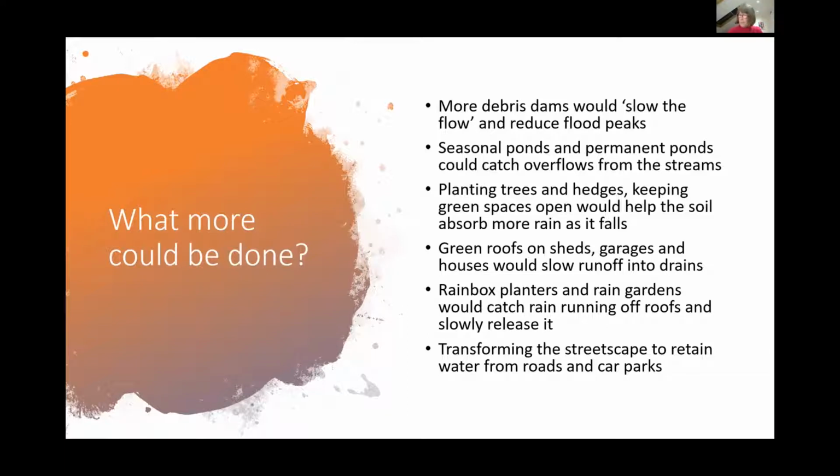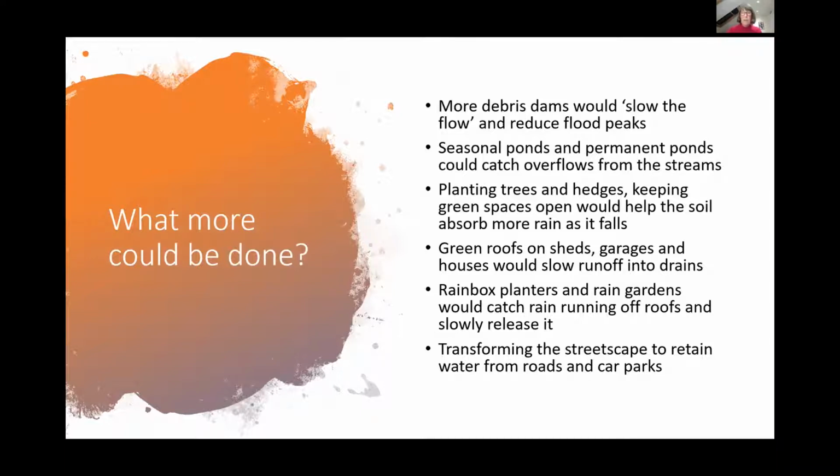Within the village itself, there are things that we could do to retain the water running off from hard surfaces, and so reduce flash flooding. So trees, hedges, keeping green spaces open, all would help the soil absorb more rain instead of paving spaces. Green roofs on sheds, garages, and houses would slow runoff from roofs into the drainage systems.